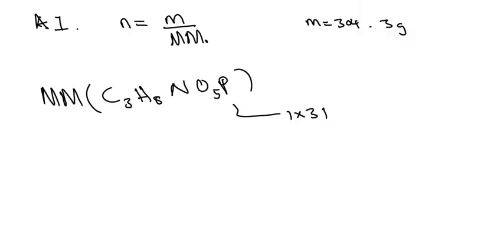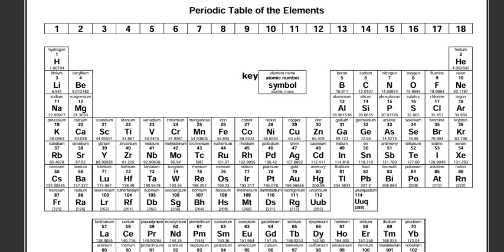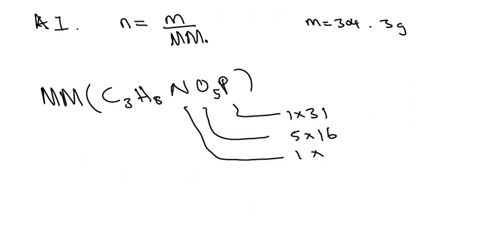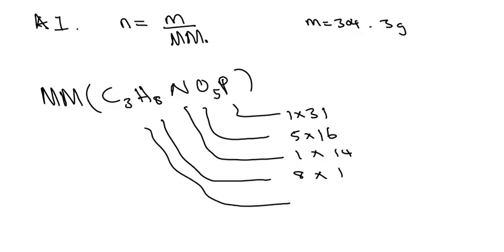So I'll take it as a 31, but you need to take it as it is. Then oxygen, I'll take it as 16 instead of 15.99. Nitrogen 1, I'll take it to be a 14. Hydrogen, I'll take it to be a 1. Carbon, I'll take it to be a 12, sorry.